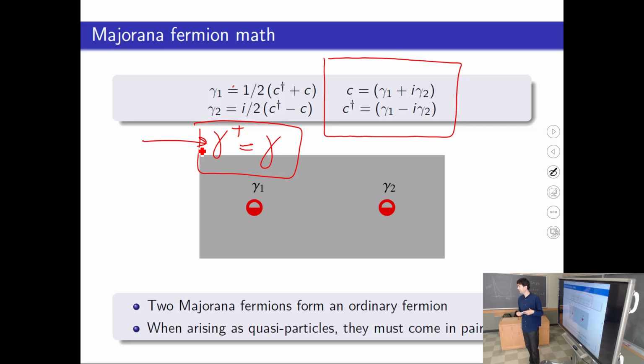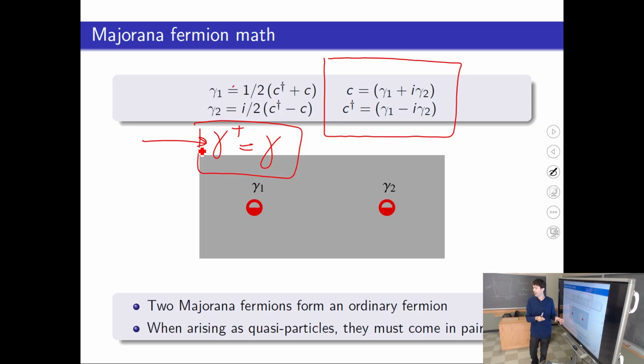We are going to talk about quasi-particles which live inside solids, and the quasi-particles are composite. They're made of other particles. Ultimately, they're made of electrons living in a crystal lattice, interacting with atoms, and therefore they're made of fermions. These particles are made of fermions, and so you cannot really have a half of a fermion.